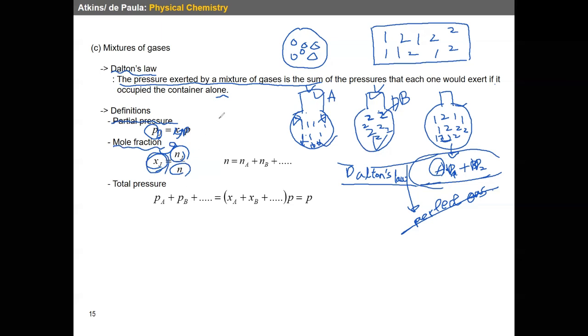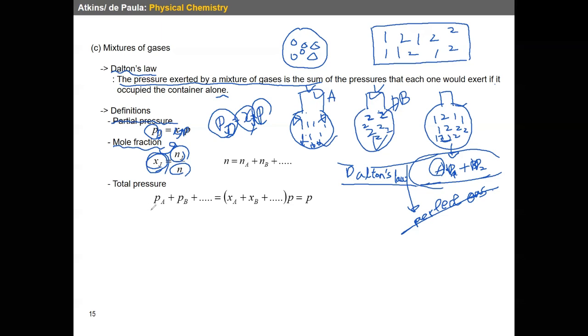That's why Pj equals Xj times P. What this means is the partial pressure exerted by gas J will be the total pressure multiplied by the fraction Xj, the fraction of the gas J.